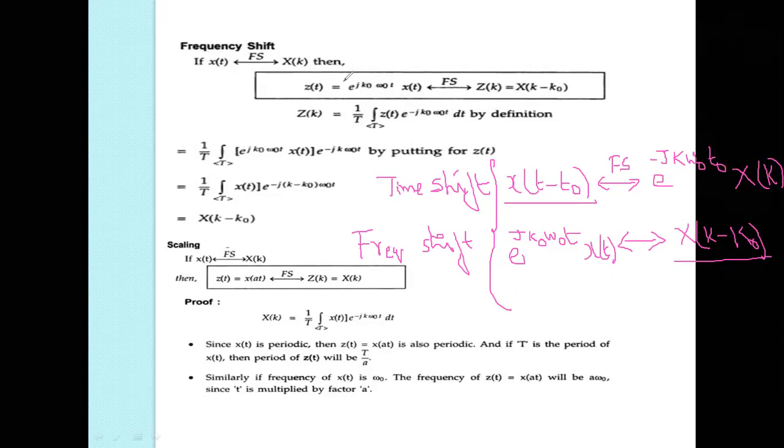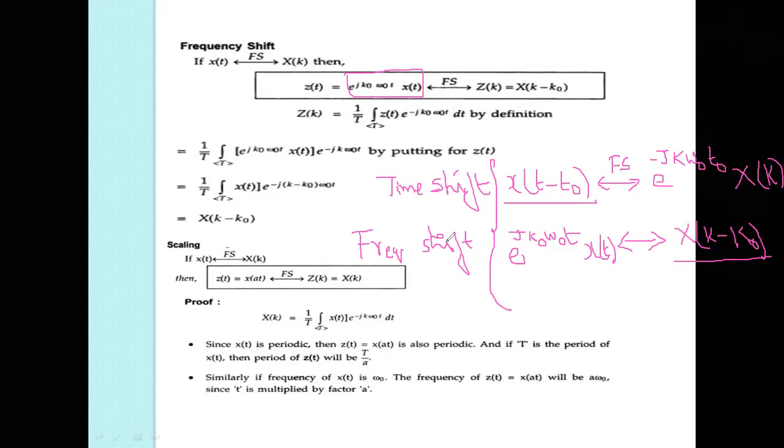Okay, my dear students, see here the z of t taken as e power j k naught omega naught t x of t. So remember this one. When the time is shifted with t naught samples, after applying the Fourier series, the Fourier coefficient x of k is multiplied by the negative exponential with the t naught samples.